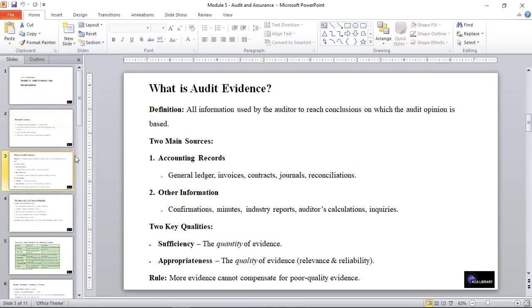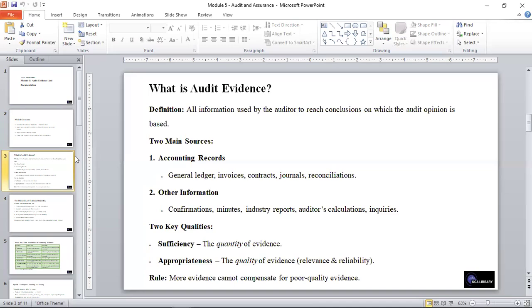What is audit evidence? It's actually all information which is used by the auditor to reach conclusions on which the audit opinion is based. So these are pieces of information that are gathered by the auditor to be able to reach a conclusion, and this conclusion is what the auditor will use to form the audit opinion.